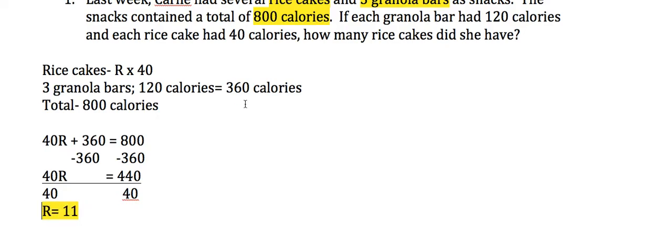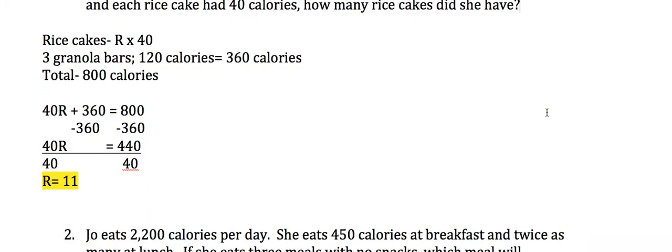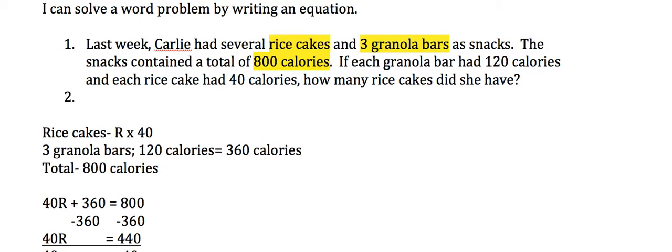Now, we're going to look back up at our problem. How many rice cakes did she have? Well, we said R represented the number of rice cakes, and we said R equals 11. So, Carly had 11 rice cakes.